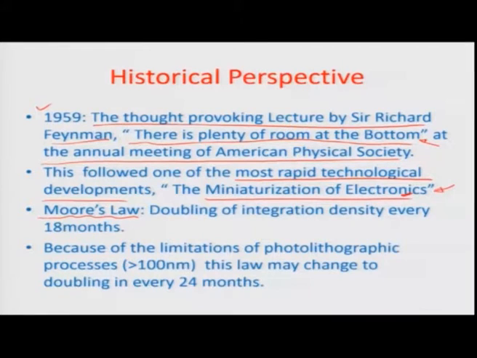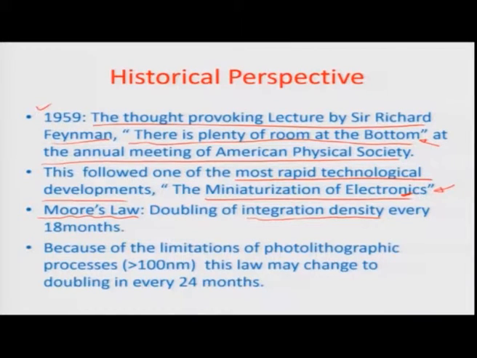studied and given a hypothesis that there is a certain rate at which the integration density changes as a function of time, because obviously the processes which are used for laying down circuits together or small features together are quite limited in terms of how small they can go.